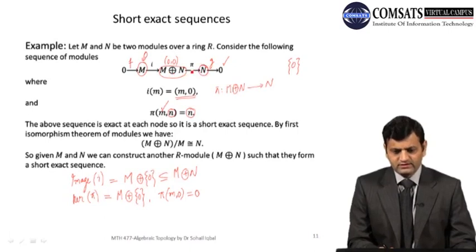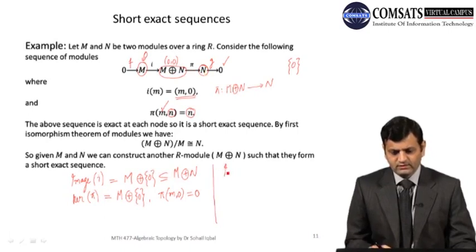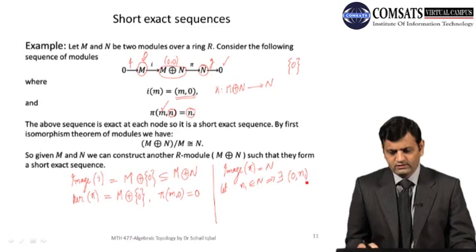Similarly, this sequence is exact at this node N, because the image of pi is equal to capital N. Given any element, let's say I have an element n1 belonging to capital N, then there exists an element (0, n1) belonging to M plus N. I'm taking this to be 0 because M must have at least one element, which is the additive identity.